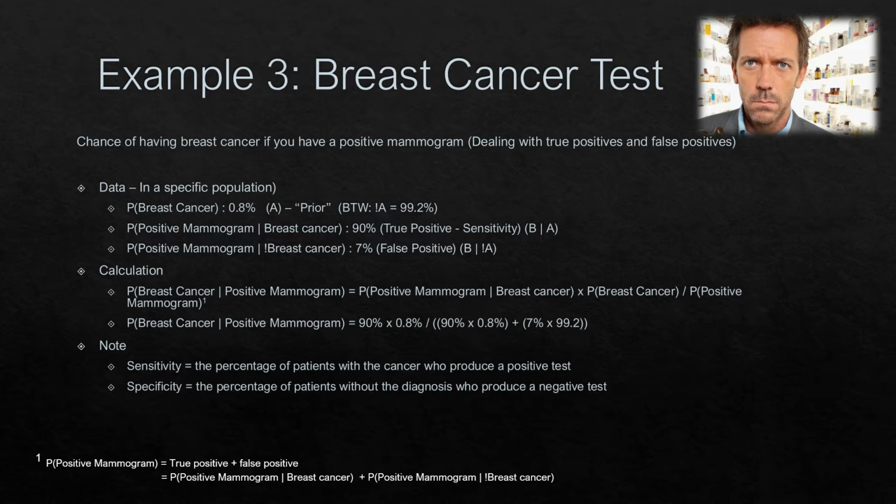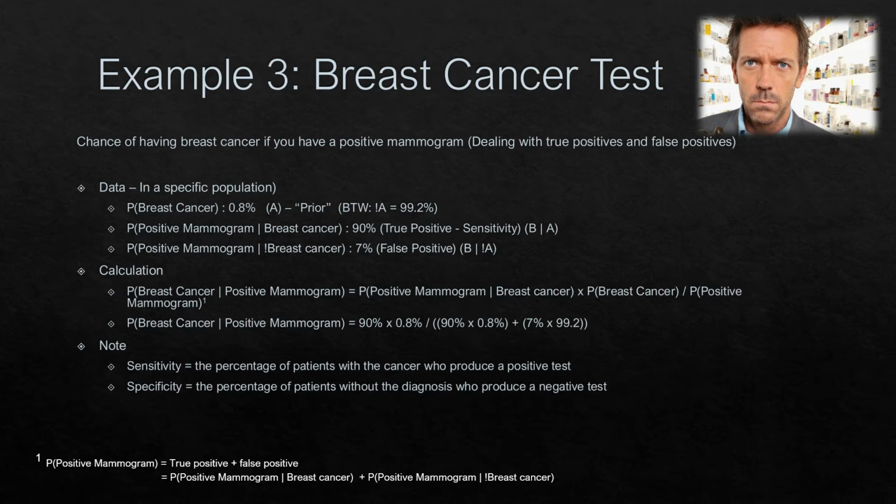It could be due to a true positive or a false positive. So I expanded the line for what would normally be the probability of a positive result to say it's made up of both the chance of a true positive and a false positive.